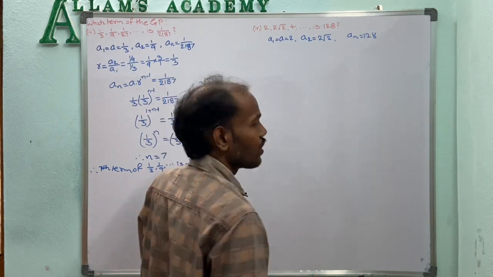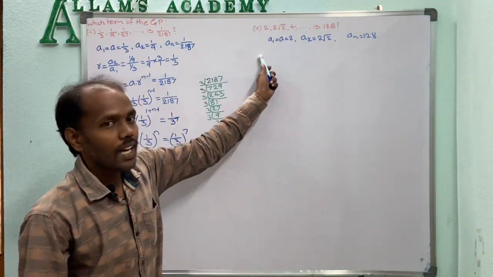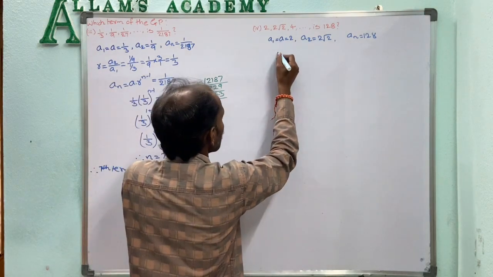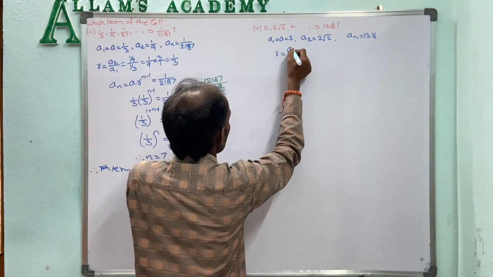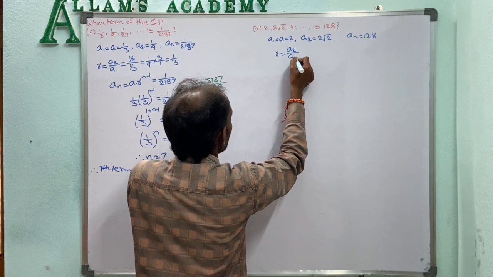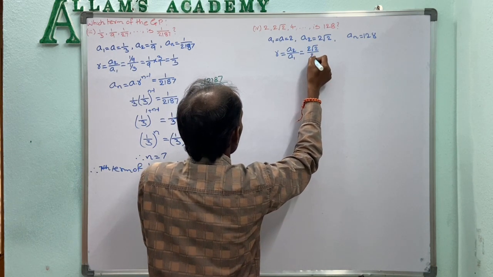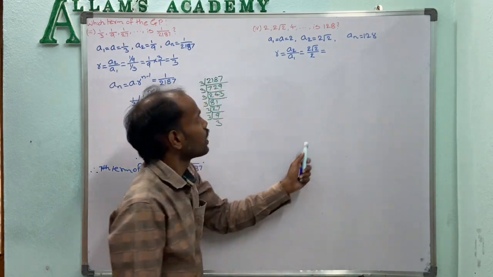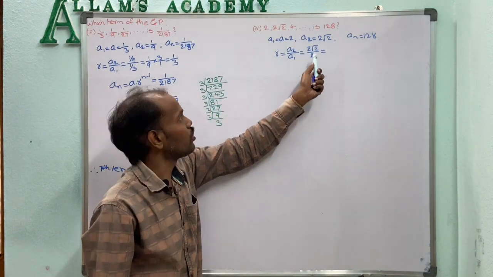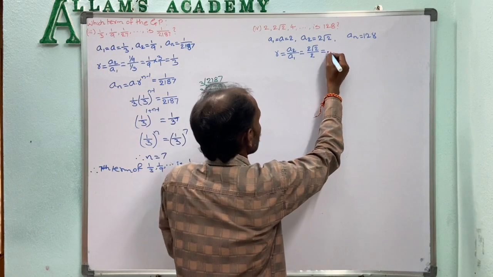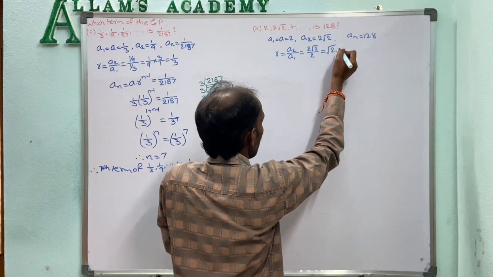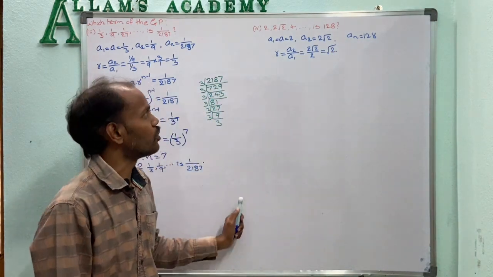Now we find the common ratio r. So r is equal to a2 by a1, that is 2 root 2 by 2. The 2 gets cancelled, so we get the common ratio as root 2.